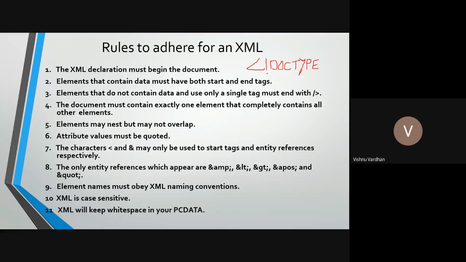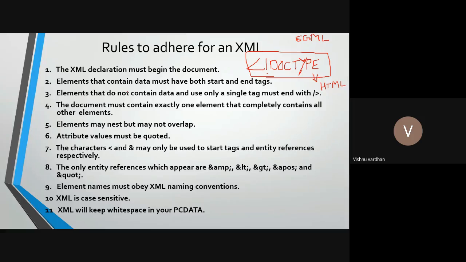It is also an HTML keyword, and we already use it heavily in HTML. The same thing we can use in XML, because this doctype is derived from the parent of XML, that is SGML. On the second day we saw the roots of XML. So the XML declaration must begin the document.